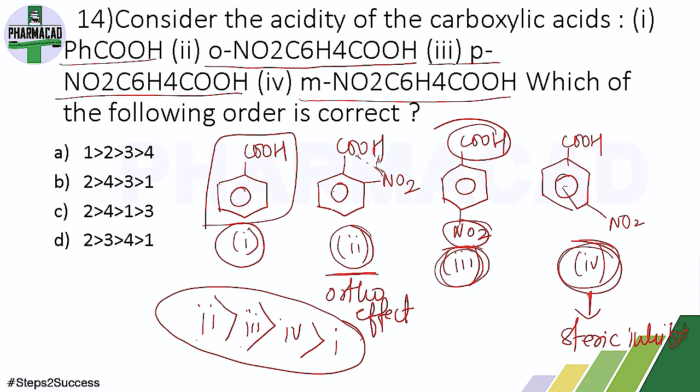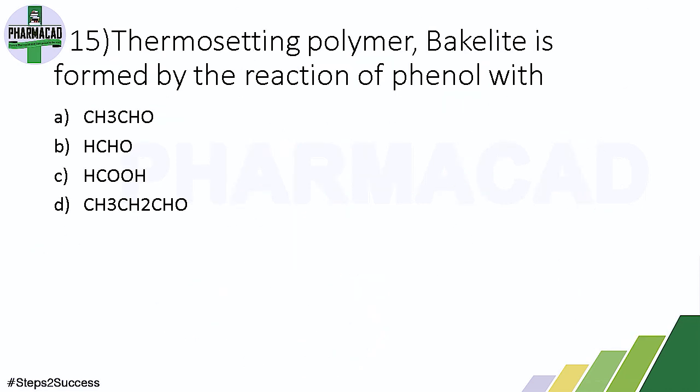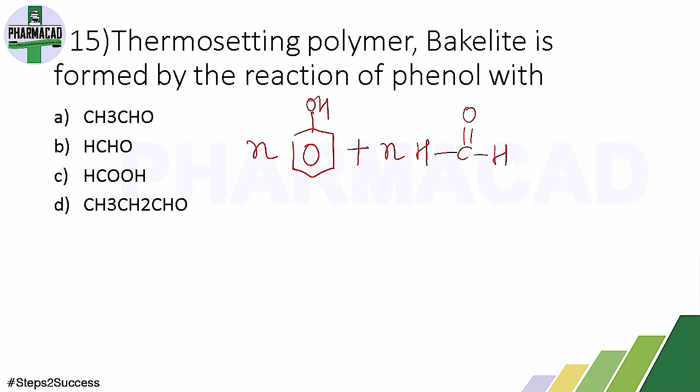Next question. Thermosetting polymer bakelite is formed by the reaction of phenol with. So n number of phenol, when we treat it with n number of formaldehyde, that is HCHO, then we will get bakelite.